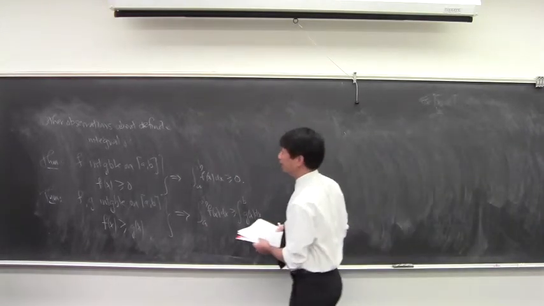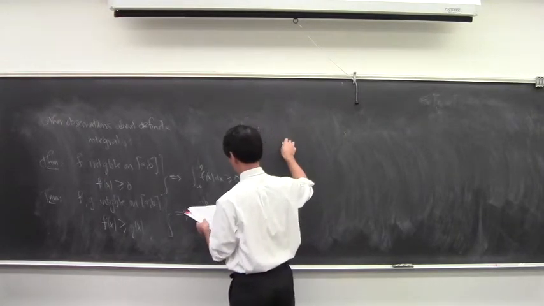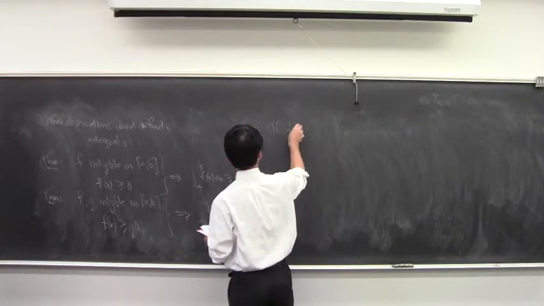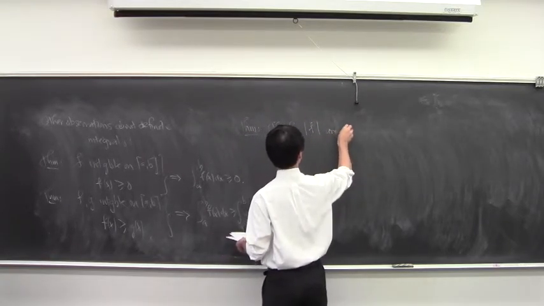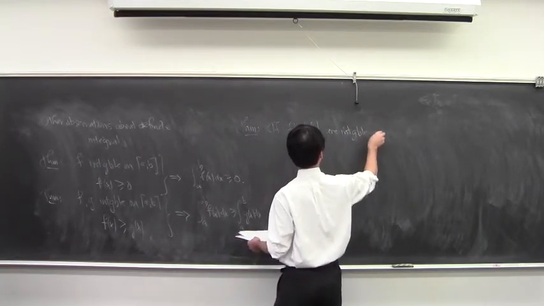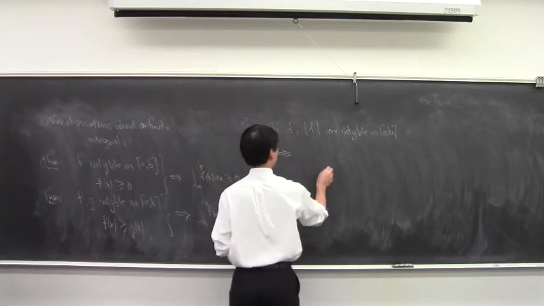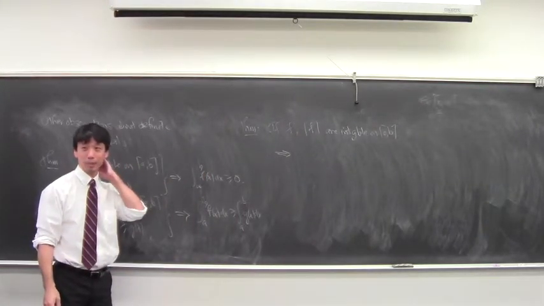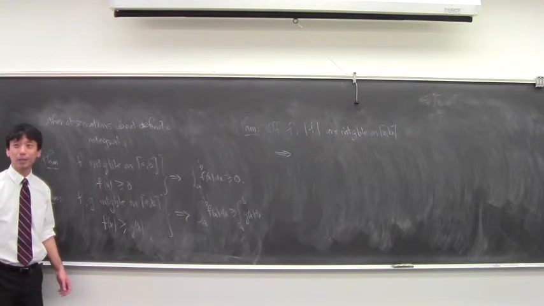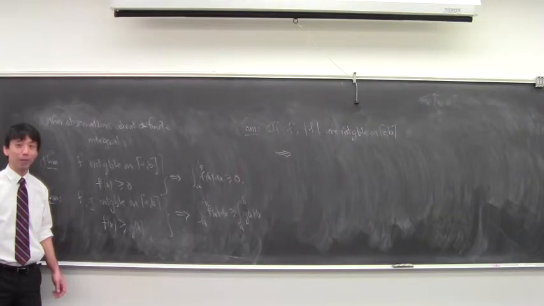Okay, the last one is maybe the most important one. If f and the absolute value of f are integrable on AB, then what? Can anyone guess what I'm going to write right here? What am I going to say about the integral of f and the integral of the absolute value of f?